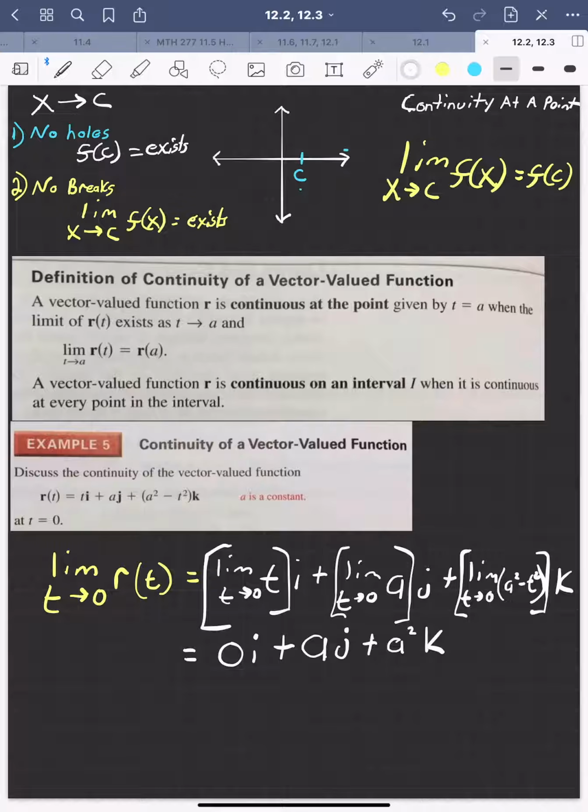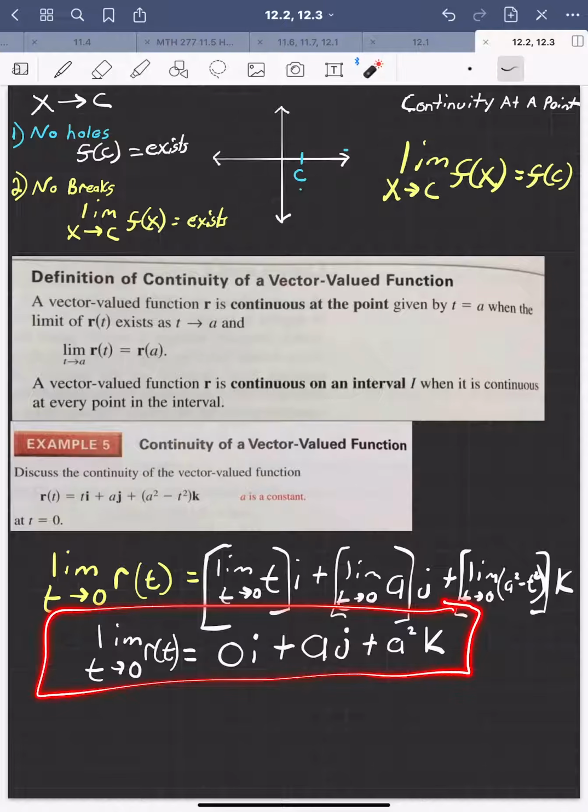So what you have here is the limit as t approaches 0 of r of t. So let's go back to the question. The question was, discuss the continuity of the vector valued function at t is equal to 0. So now we've evaluated the limit.